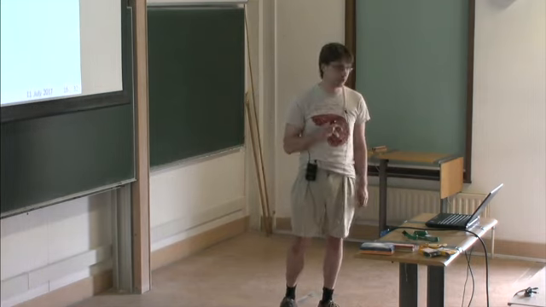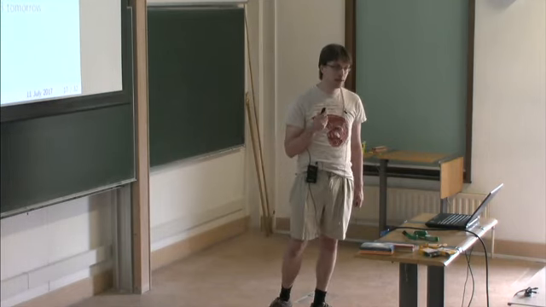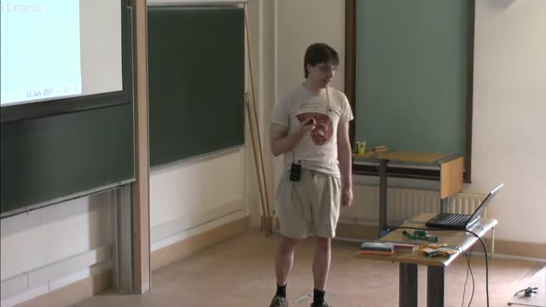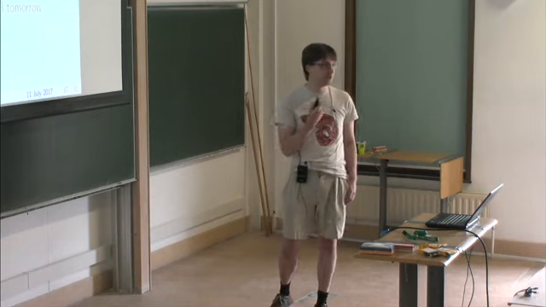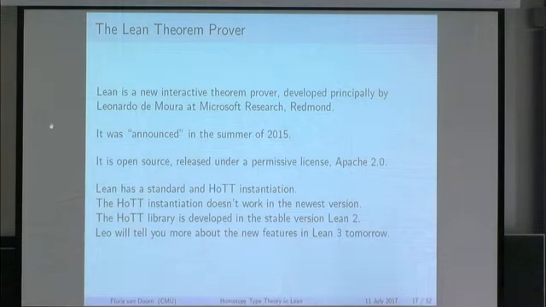And so I will of course talk about Lean and homotopy type theory. Lean is an interactive theorem prover developed principally by Leo, who is in the audience. It was announced in summer 2015, so it's a very young proof system.